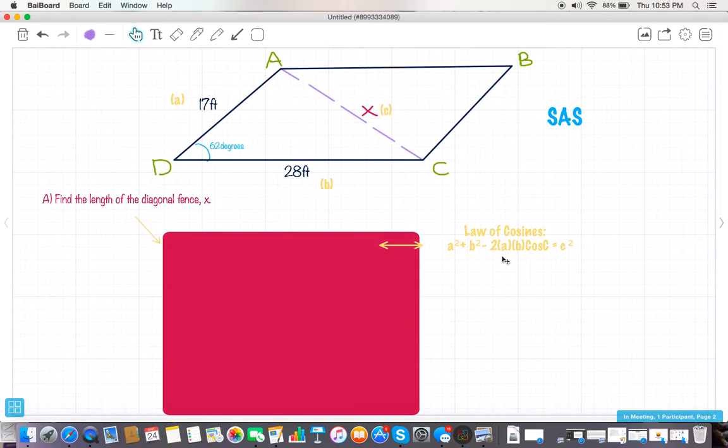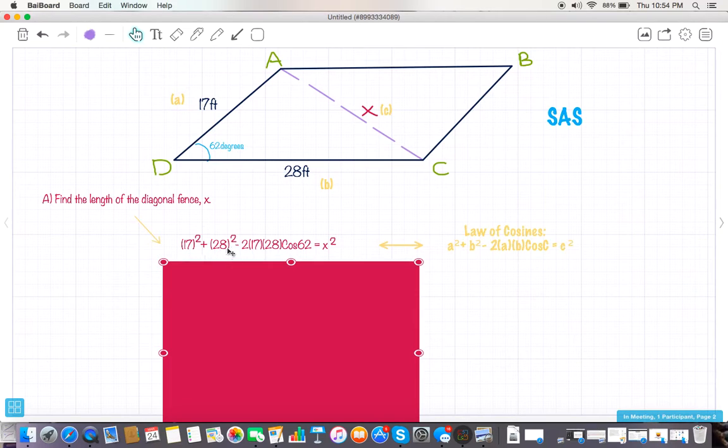Since we have to find this side, we're going to need the cosine of this angle, which means that in the original law of cosines equation, a squared plus b squared minus 2ab cosine of c equals c squared, this 17 feet, the AD width, would be A, DC would be B, and the X would be C, but here we're representing it with an X. So when we write it out, the equation would read 17 squared plus 28 squared minus 2 times 17 times 28 times the cosine of 62 degrees equals x squared.